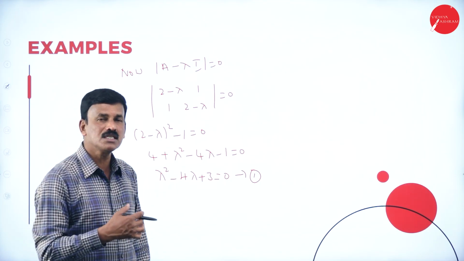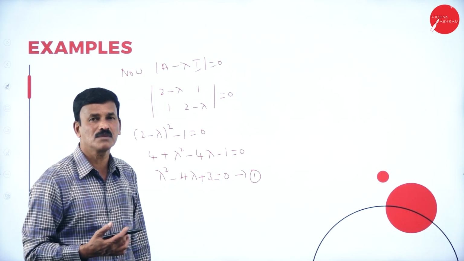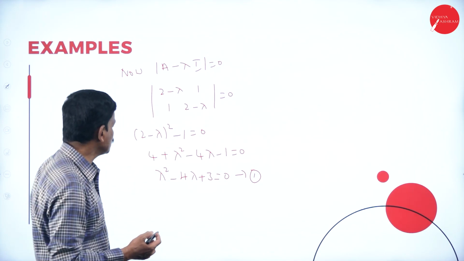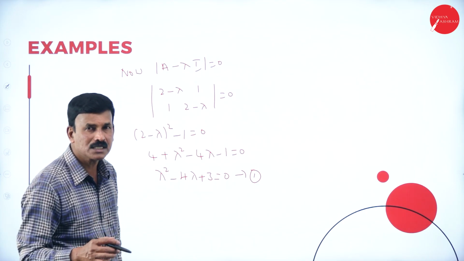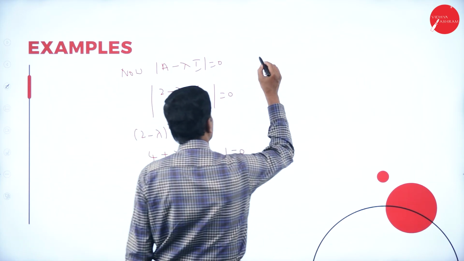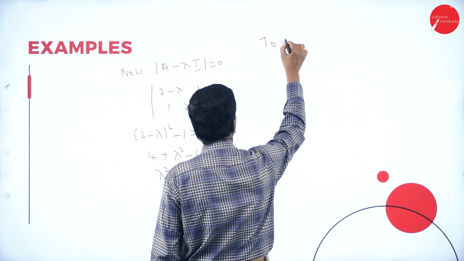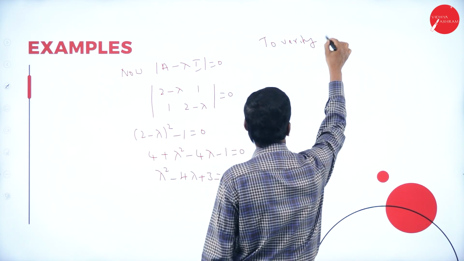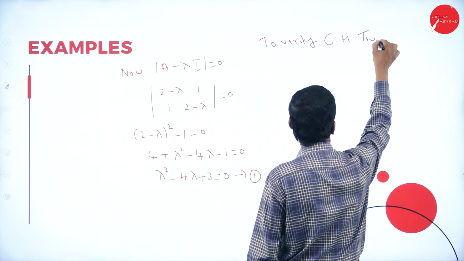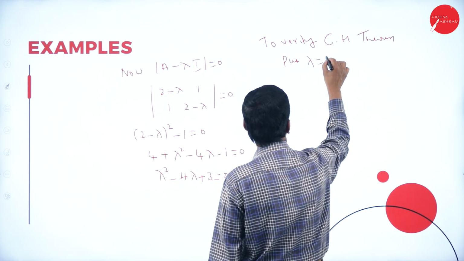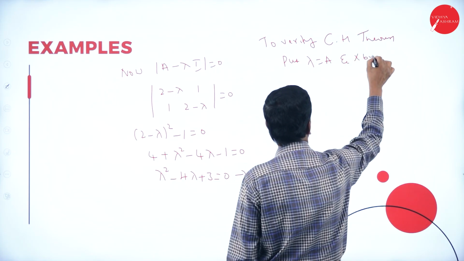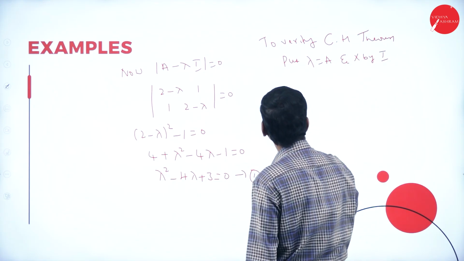Now, the concept here is to verify the Cayley-Hamilton theorem. So, to verify Cayley-Hamilton theorem, put lambda is equal to A and multiply by an identity matrix of same order.